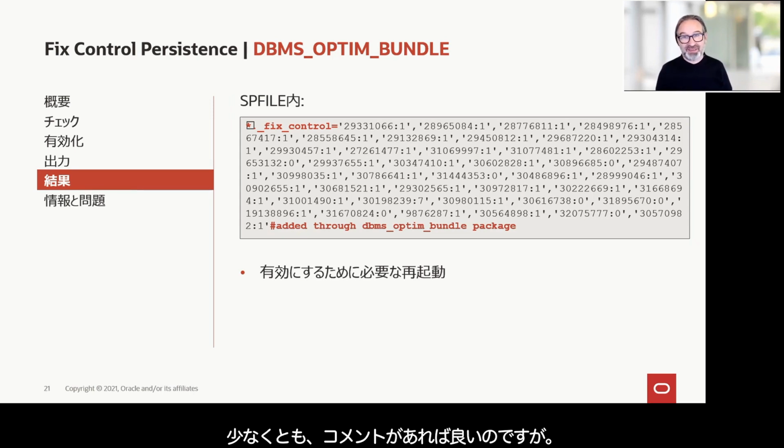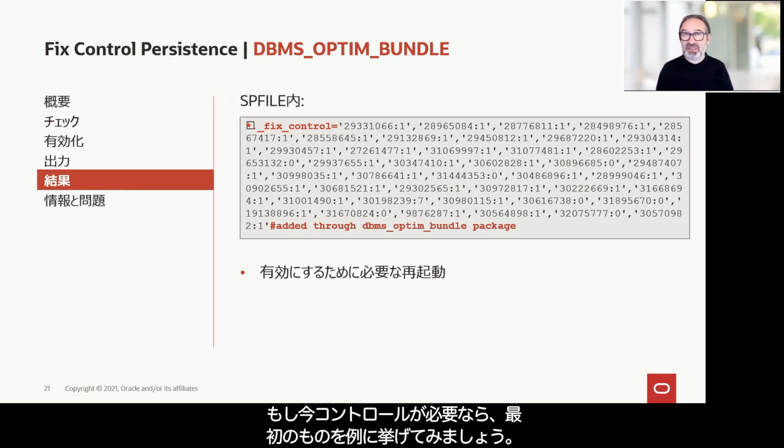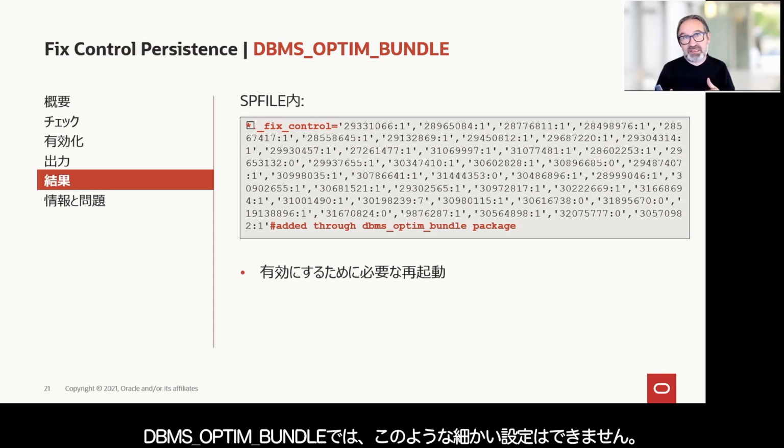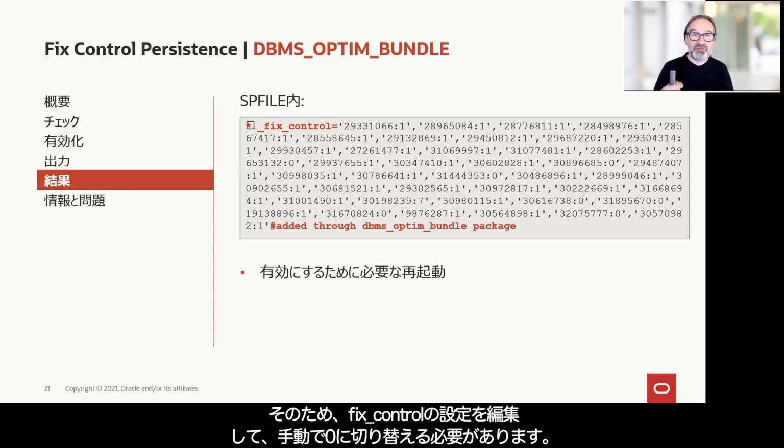That's good. But if you want now to control and you say, the first one here, just as an example, 29331066. This is one you had an issue with. DBMS_OPTIM_BUNDLE doesn't allow you that granular setting. So you would now have to edit the fix control setting and switch that one manually to 0.